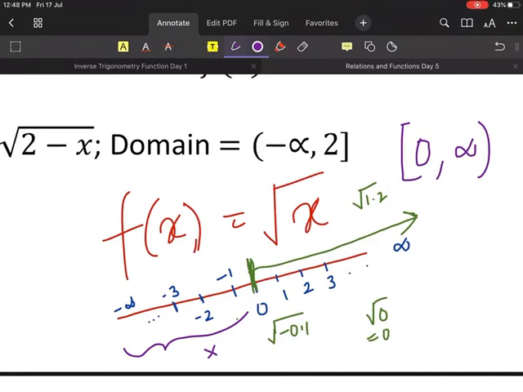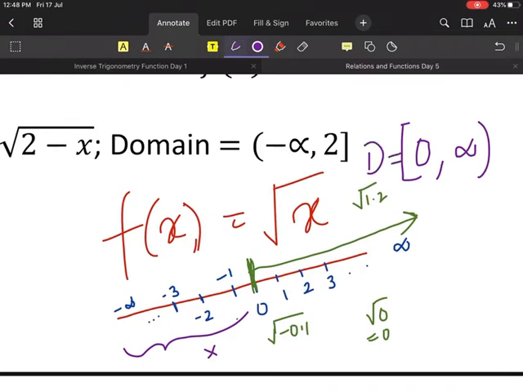Have you understood this one? Have you understood why I am rejecting the negative numbers? Because for negative numbers the function is undefined. So the function is defined only for 0 and all the positive numbers going in the right-hand direction.